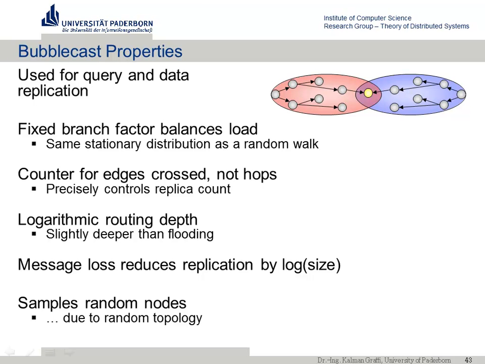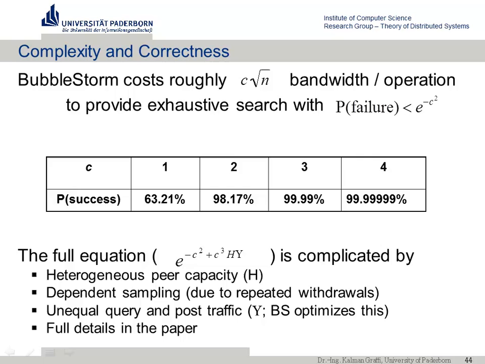Even if there's message loss, that's not a big deal, because if one replication message is lost, you only lose one small branch of your tree, of logarithmic size. And also, it's very simple to maintain due to the randomness. So only good things. What they also say is that with BubbleStorm, you really have guaranteed traffic overhead for your operations, which is a constant C times the square root of n per operation.